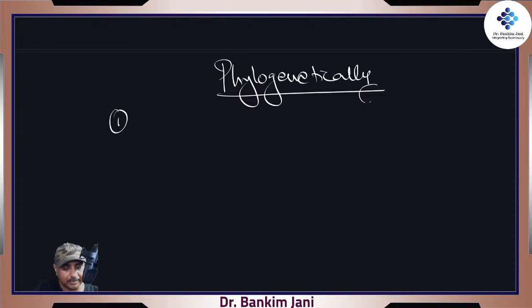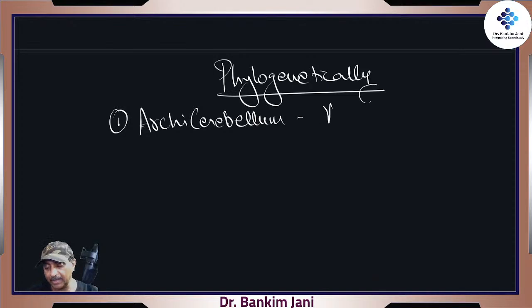So the archicerebellum is considered the oldest. It is part of the vestibular system. Initially it was very necessary to balance the body; the higher functions came at a later stage. So this is the oldest.